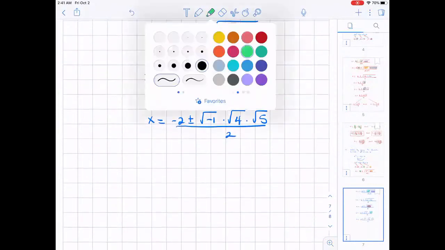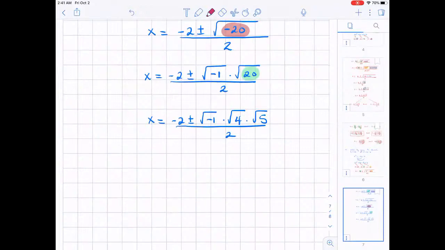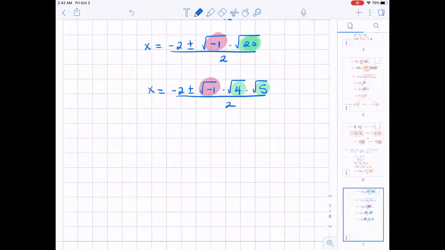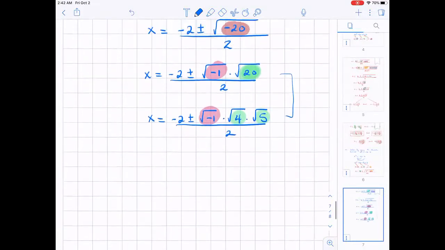So what I did here is that the first step I took out the negative, right, which is this here. And then the second time around what I did, I broke 20 as 4 times 5 so I could simplify it. So you could combine these two steps if you want, okay? You didn't have to do the top, you could have just run straight to the bottom.